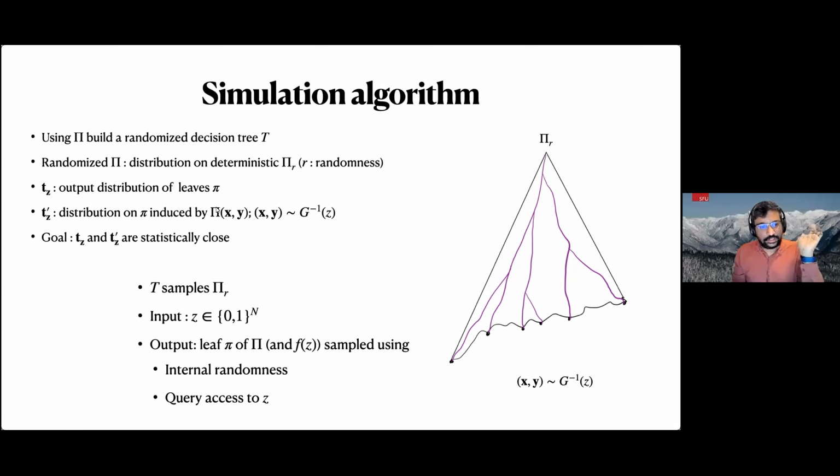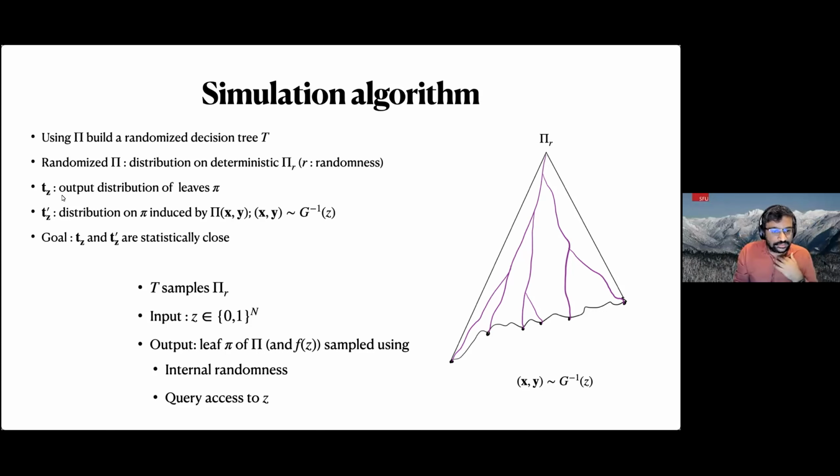The decision tree is supposed to output F of Z, but the more natural way to think about the output is as an output on the distribution of the leaves, leaf small pi, of this protocol pi. I call this distribution TC.